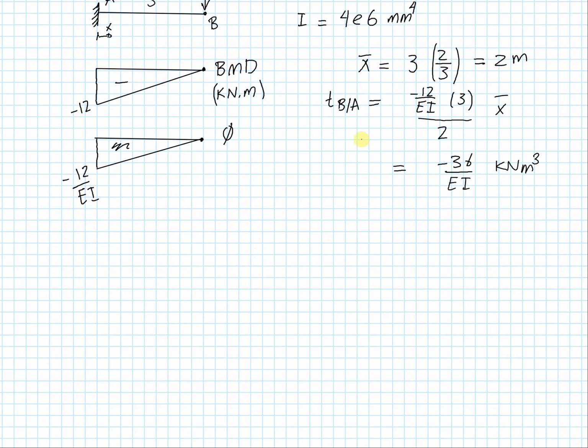Because the tangent at A is equal to 0, I can simply state that delta B, that is the deflection at B, is equal to minus 36 over EI. I have to do a number of unit conversions here. These include going from kilonewtons to newtons, and going from meters to millimeters.